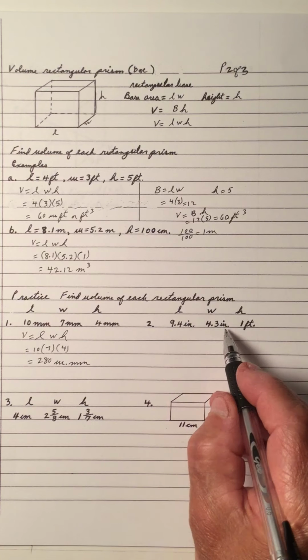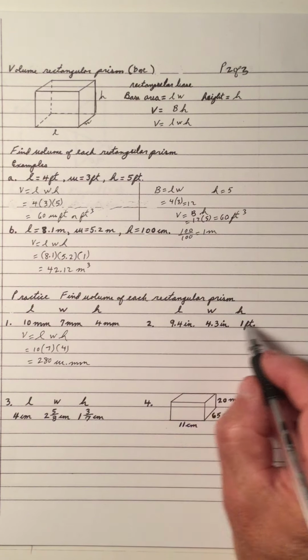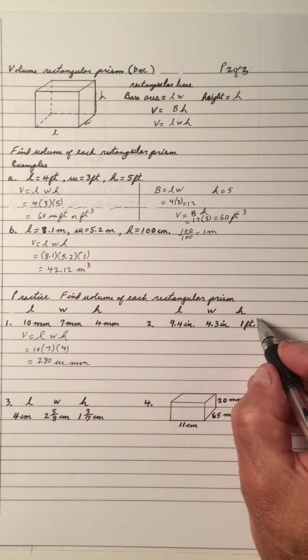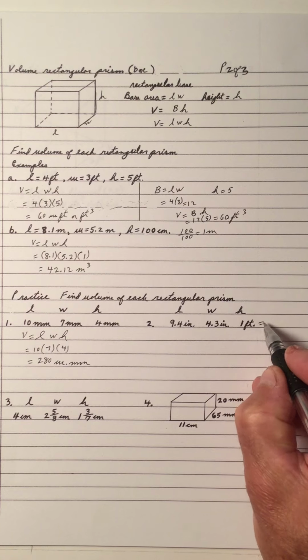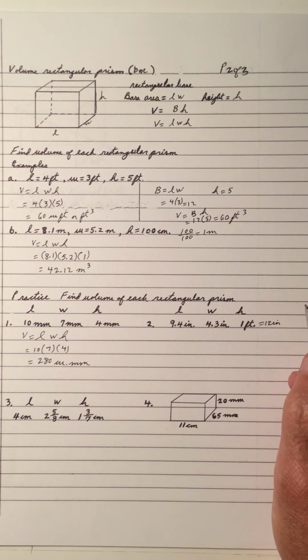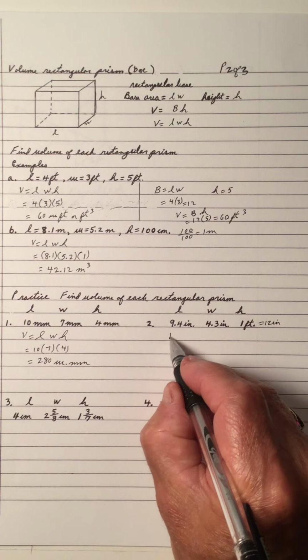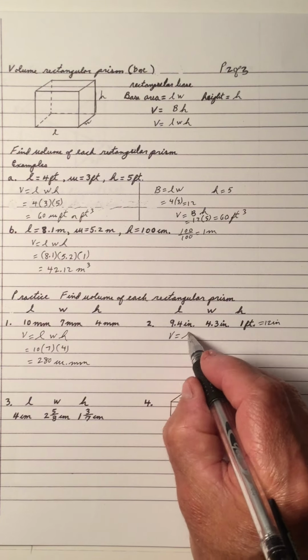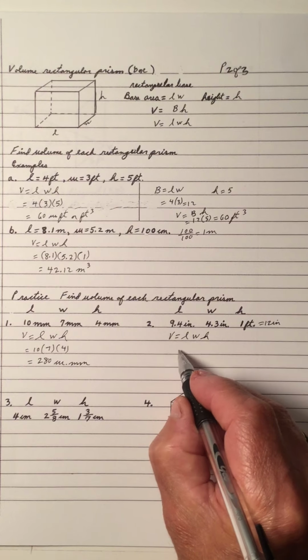We have inches and feet. So we have to have them all the same, so it's better to use the larger number, but 1 foot is 12 inches. So let's find the volume in cubic inches. The volume of a rectangular prism is length times width times height.